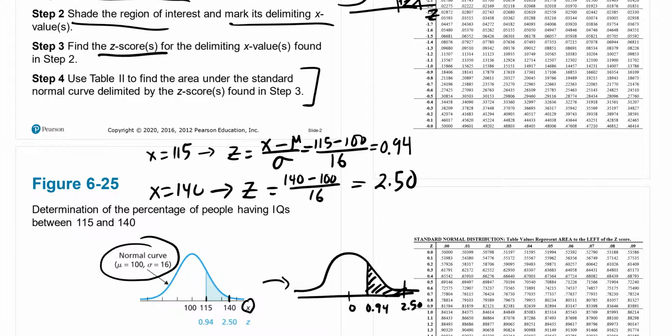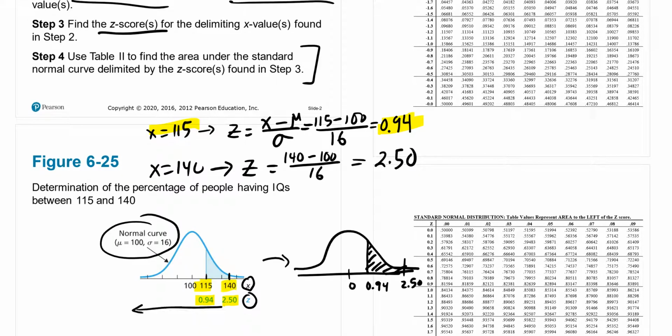Or you might see some people do it the way the book shows here, where they wrote right below 115 that it corresponds to 0.94, and 140 corresponds to 2.50, and that would be the z-axis. Zero should be right below the mean, because the mean was 100 for the actual curve, but for the standardized one, it's always 0.